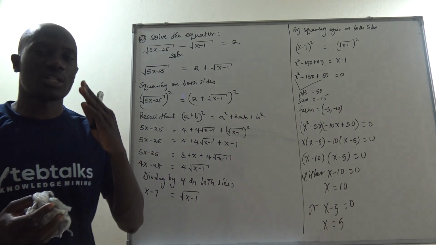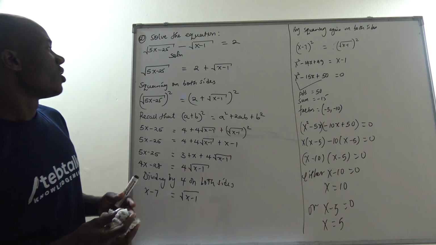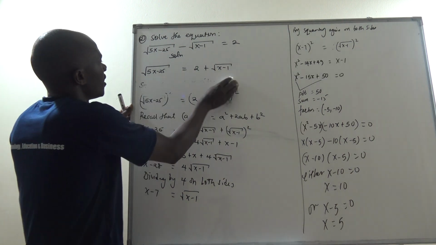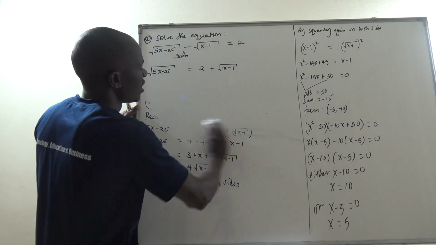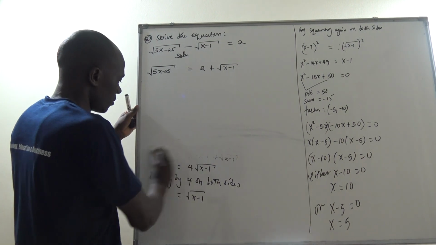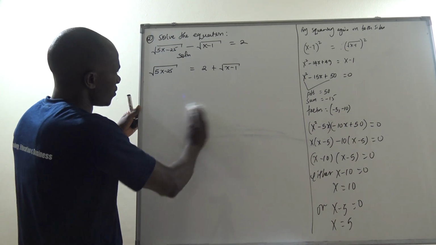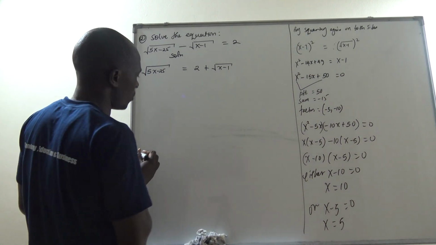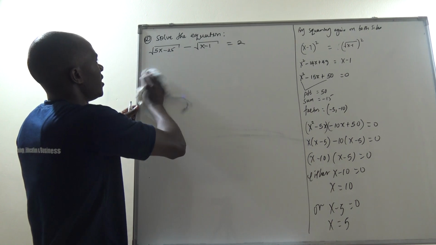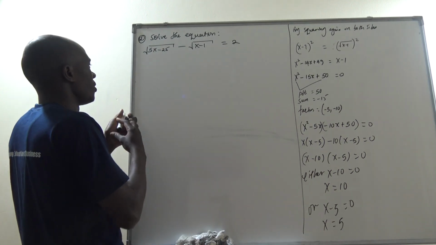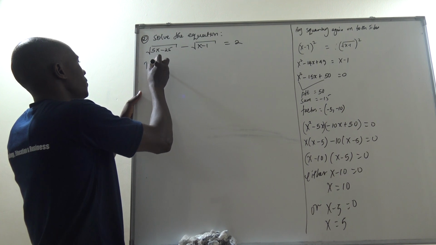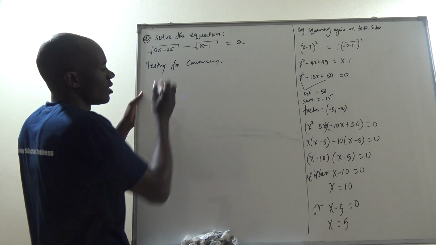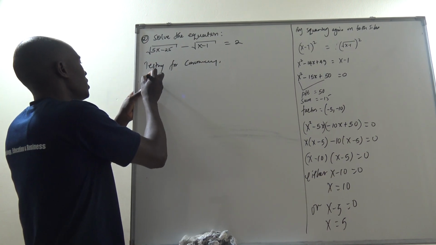When you are testing for the convenient value of x, we substitute into the original equation to see if it brings the exact answer on the right hand side. So we are going to start testing for convenience when x equals 10.